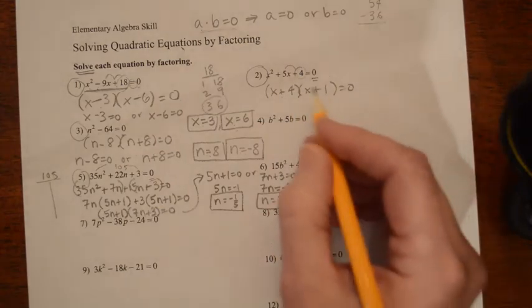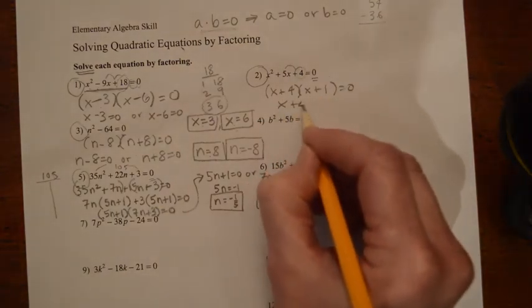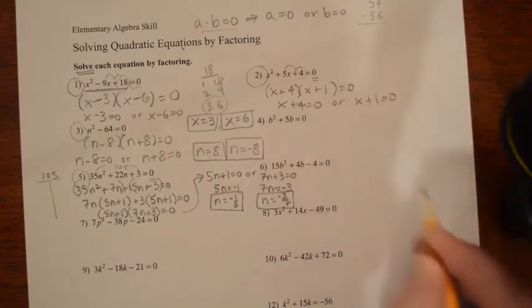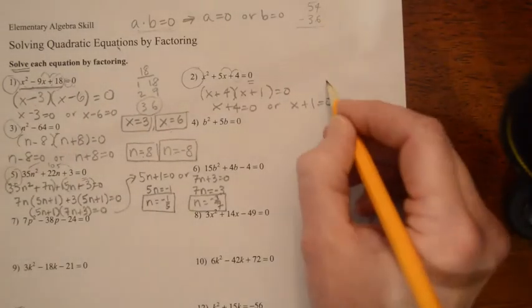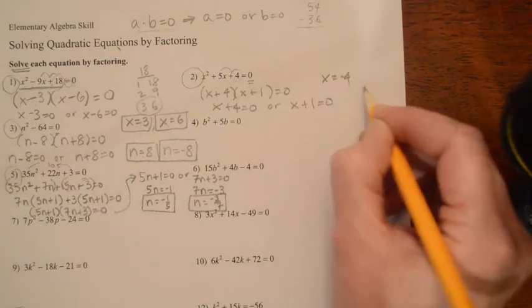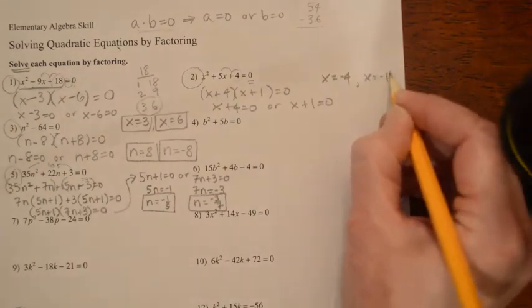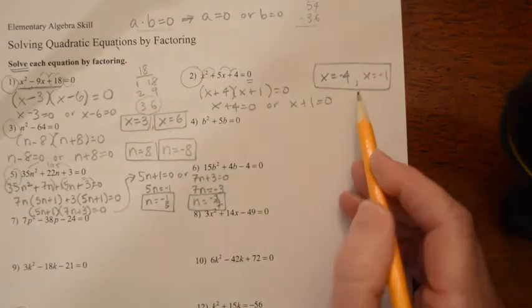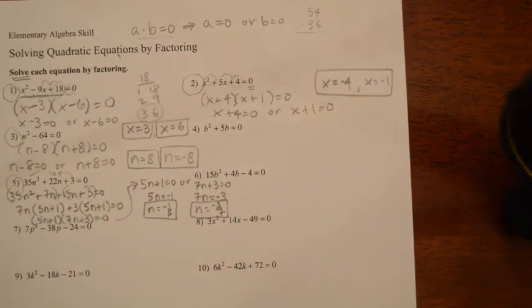One of them must be 0. So either x plus 4 equals 0 or x plus 1 equals 0. And so you should have gotten x equals -4 or x equals -1. Those would be your 2 solutions. Again, highest exponent is a 2. We should be expecting 2 solutions.